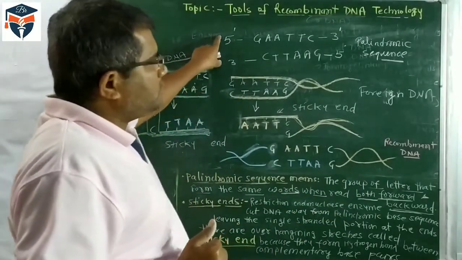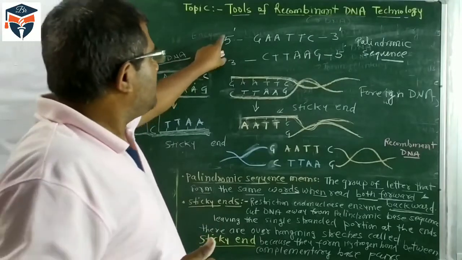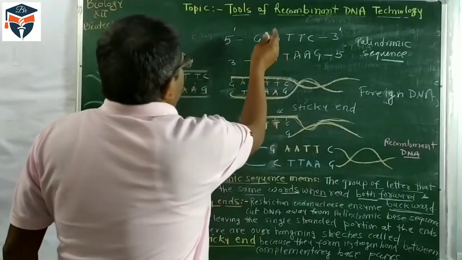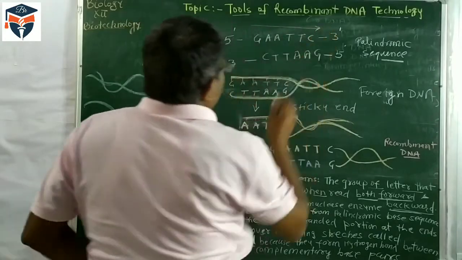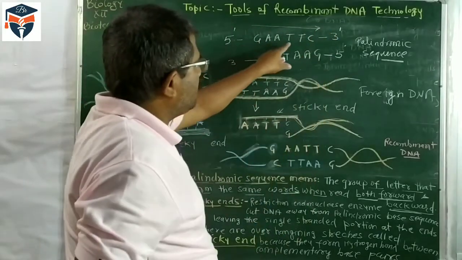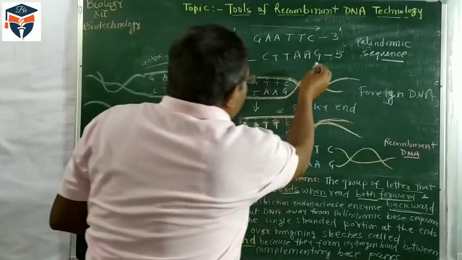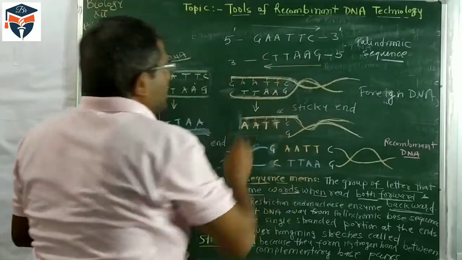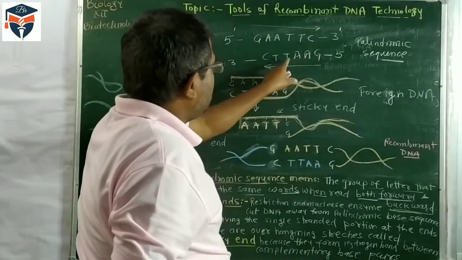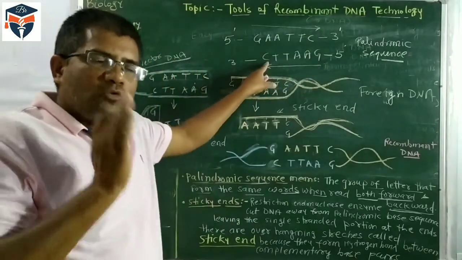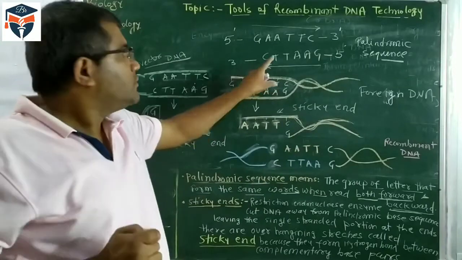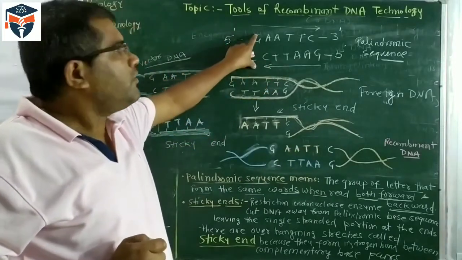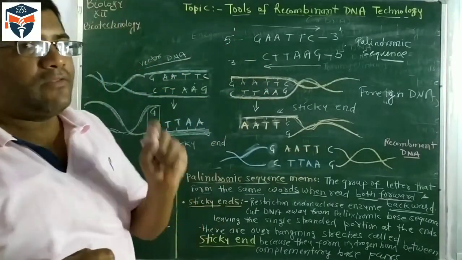This is also a palindromic sequence. In this direction you read the nitrogenous bases GAATTC, and in the other direction you also read GAATTC. If the nitrogenous base sequence forward and backward is the same, the sequence is called a palindromic sequence.